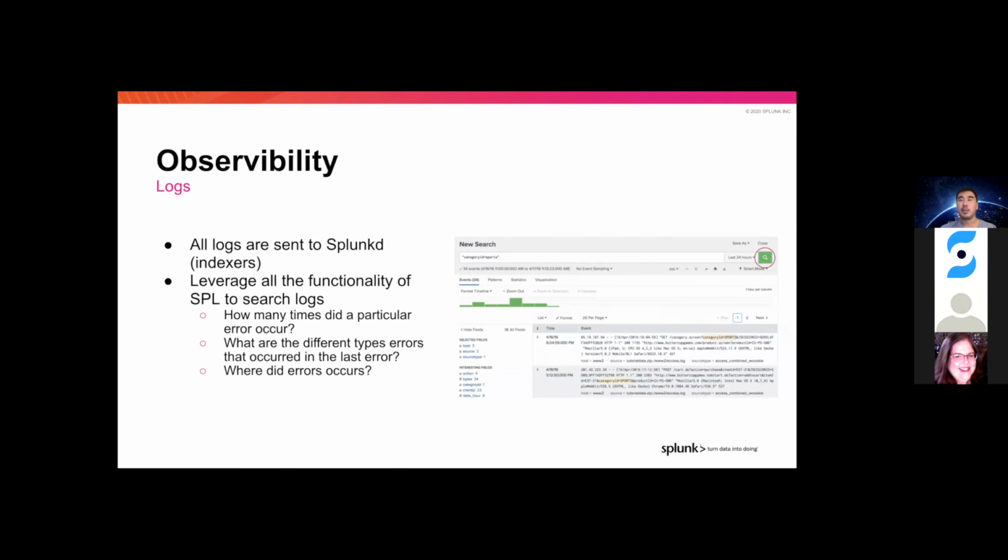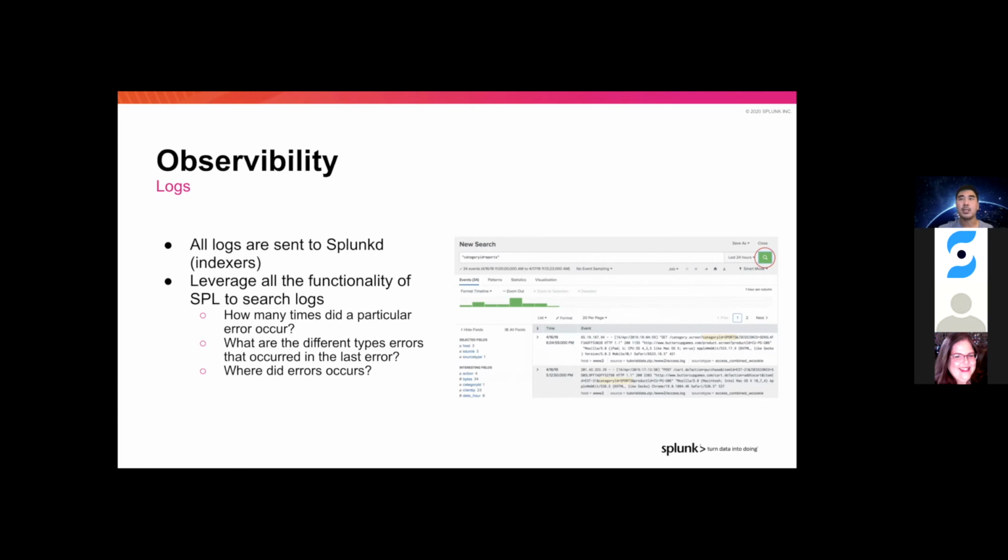The next big thing in observability is logs, like I mentioned before. All the logs are sent to Splunk, and we can leverage all the functionality of SPL and Splunk to query the logs. This is where we can leverage the existing log search capabilities of Splunk, and it really helps us determine some of the high level statistics, like how many times did a particular error occur, what are the different types of errors, and if there are errors, where are they mostly coming from?